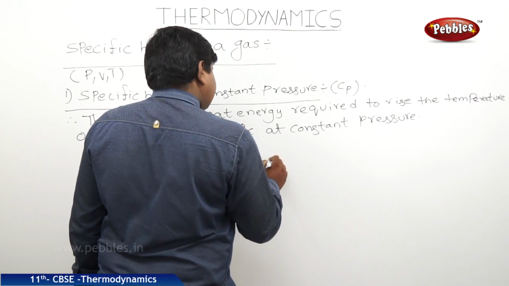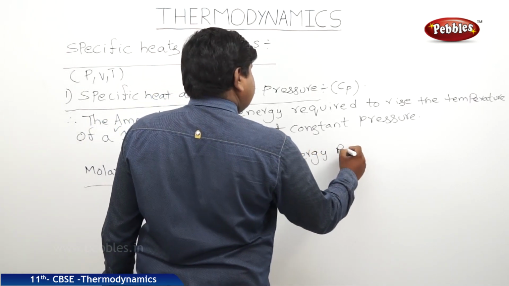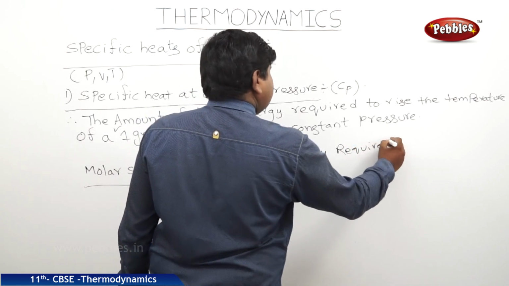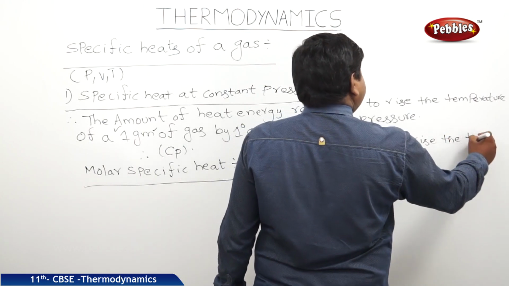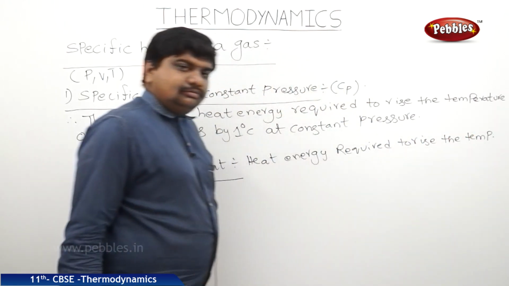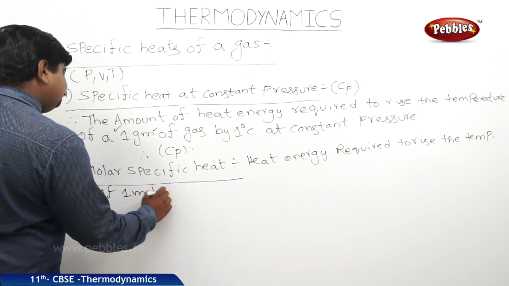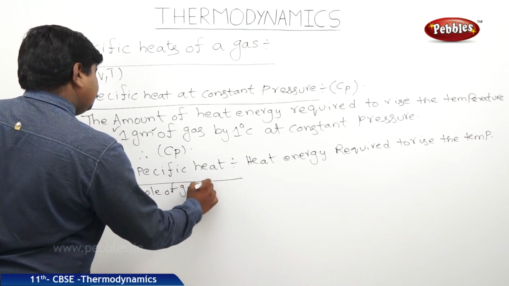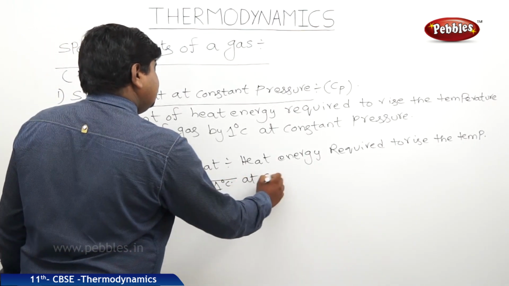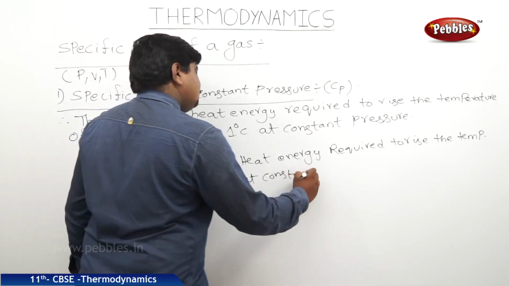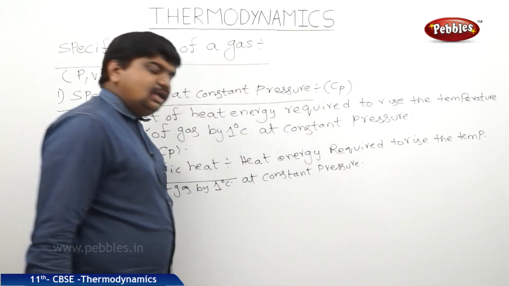So heat energy required to raise the temperature of 1 mole of gas by 1 degree Celsius at constant pressure is called molar specific heat.